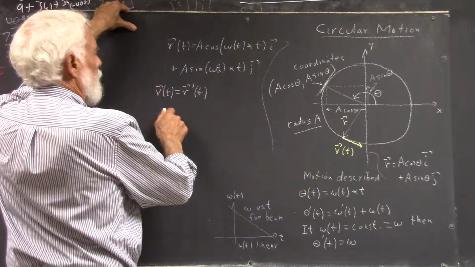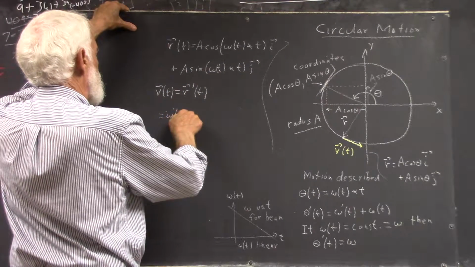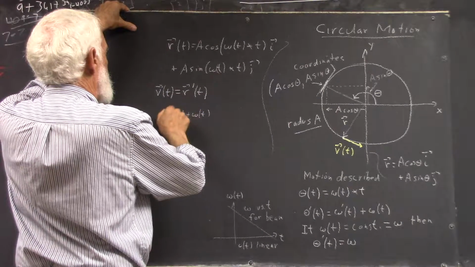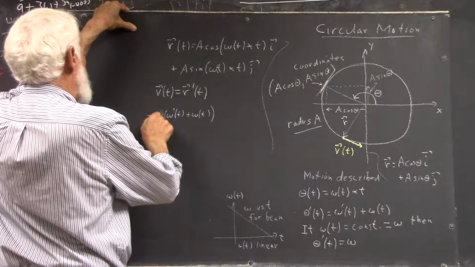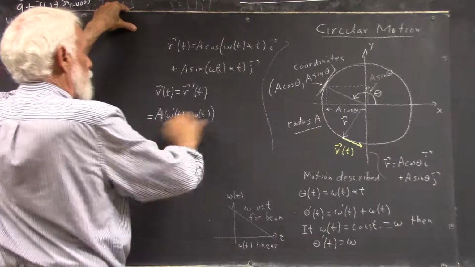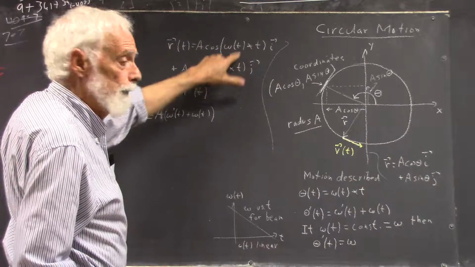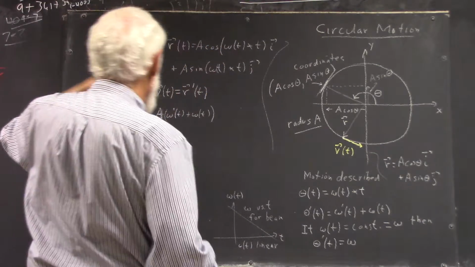So we can write this, and you should verify this. This is omega prime of t plus omega of t, and we'll keep the a out here. All this factors, because the a is common to both terms, and so is the derivative of this inner function, which is the same for both the i and the j components.